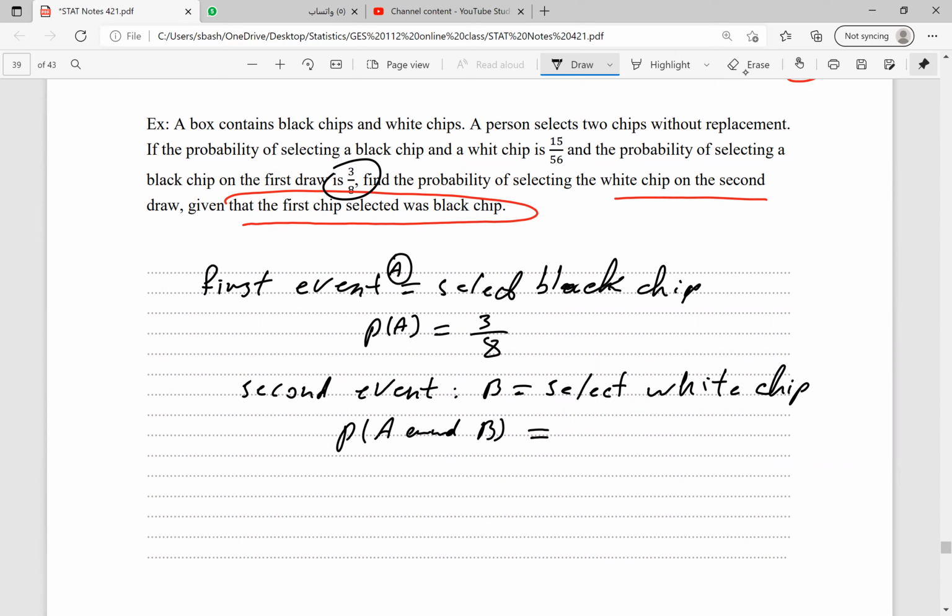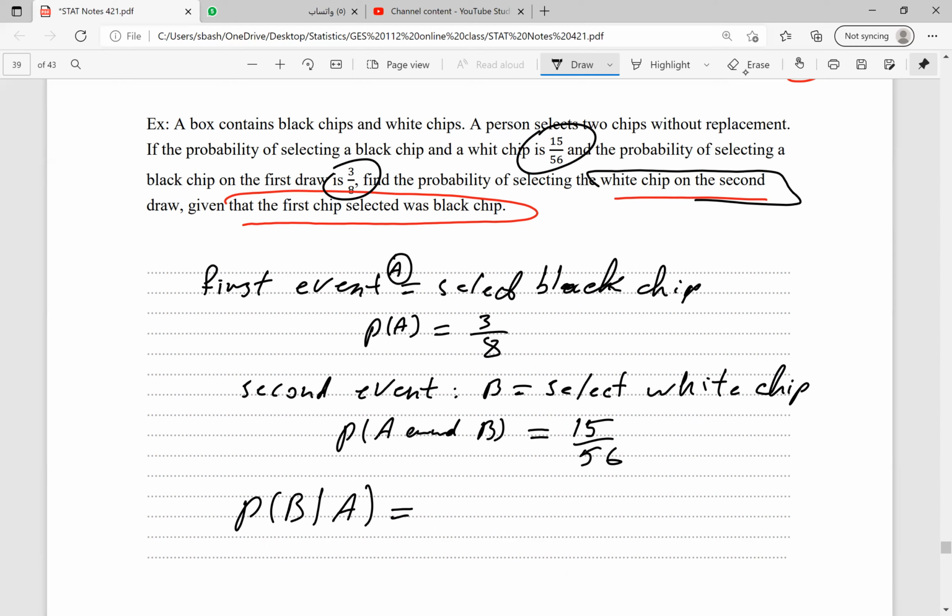So the probability of getting white after getting black. We need to find the probability of selecting the white in the second choice or selection after getting black in the first.